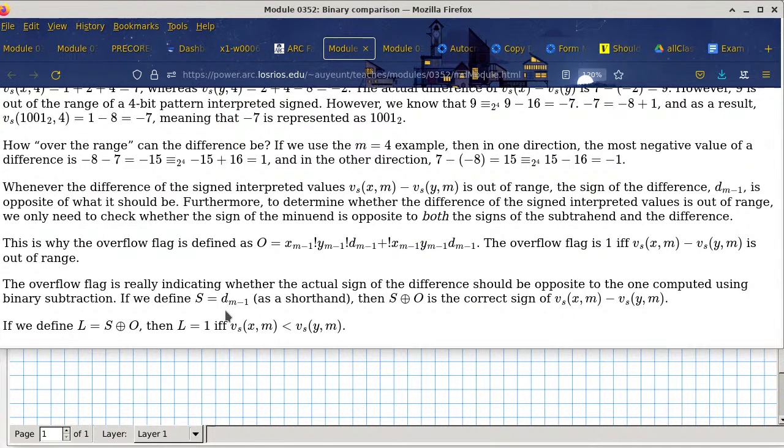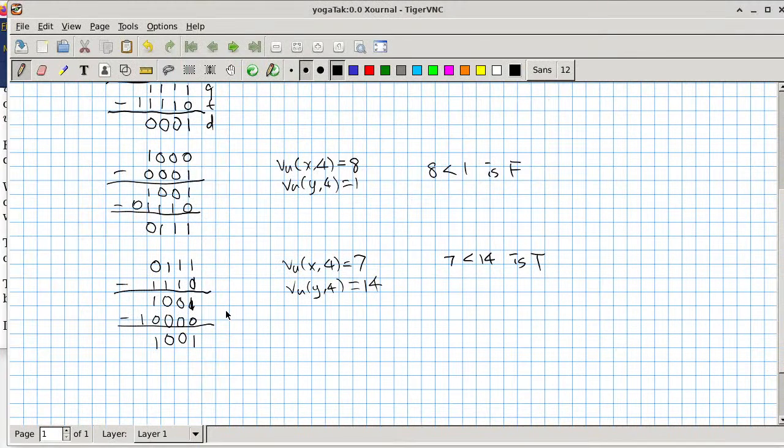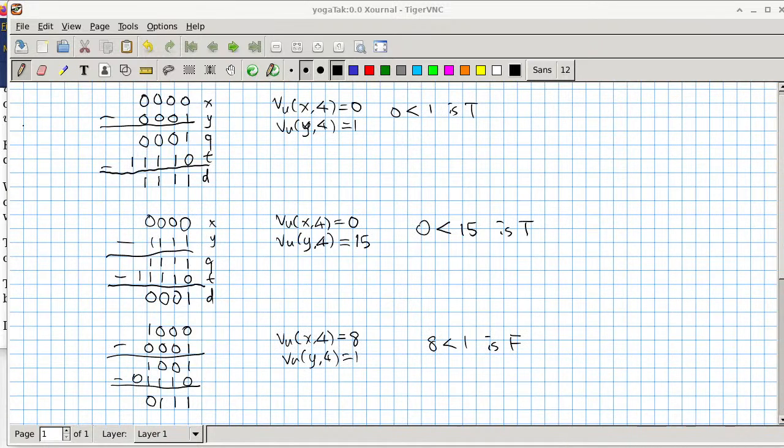I know this looks really abstract because it's all symbols. Let's go back to the examples that we saw earlier, because that can help illustrate these concepts. So I'm going to switch back to Zerno. Now I'm going to go back to each and every single example and circle where the sign bit is. With the first example, this is our sign bit.